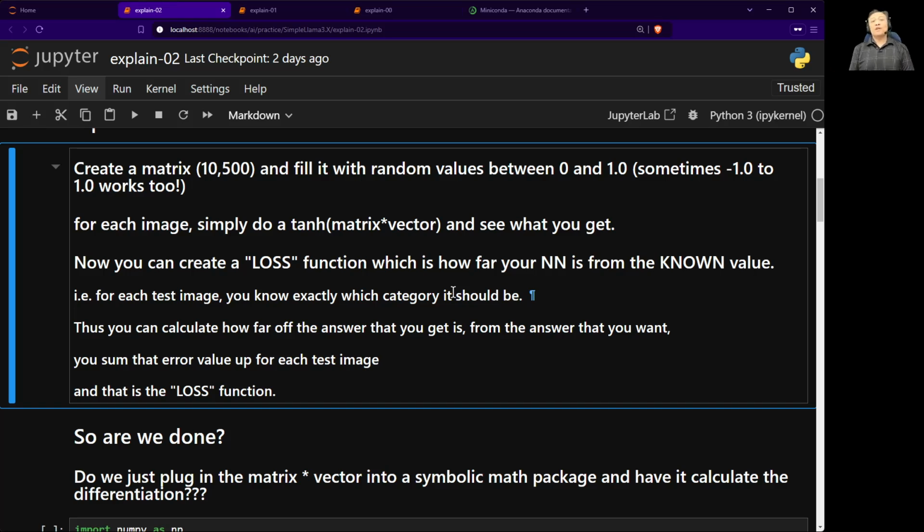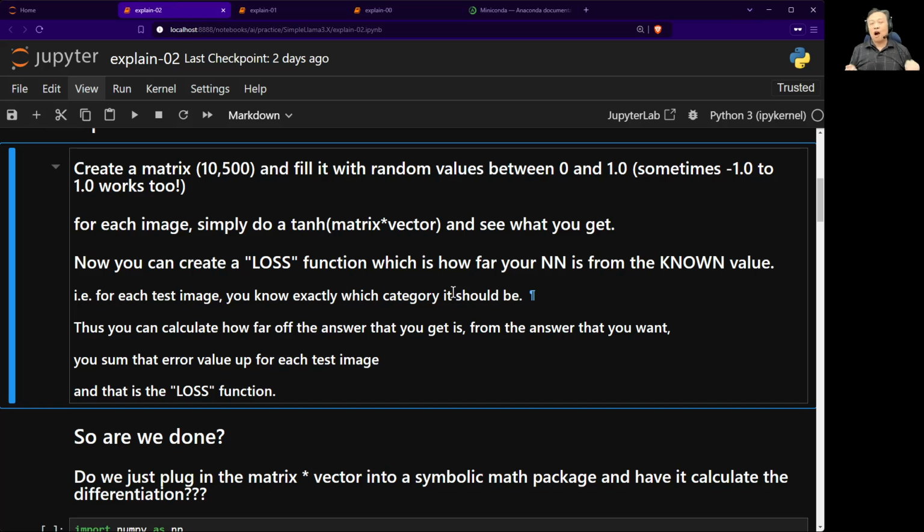Now you can create what's known as a loss function. Why do we need to do this? In order to figure out how far your newly birthed neural network is from being useful, you need to look at what it's going to spit out. You feed the neural network an input, say an image, and it's going to produce some garbage output, okay?